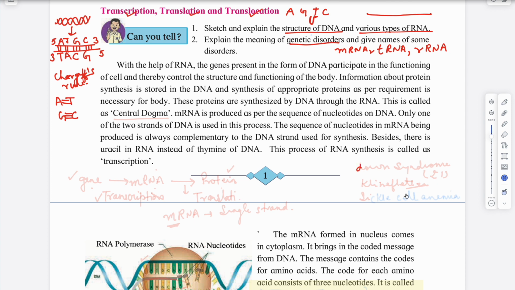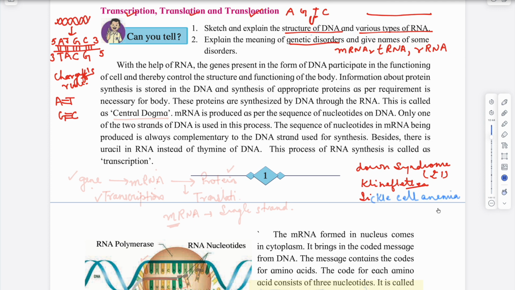You can write down: it is Down syndrome, which is caused due to the trisomy of chromosome number 21. It is Klinefelter. It is sickle cell anemia.